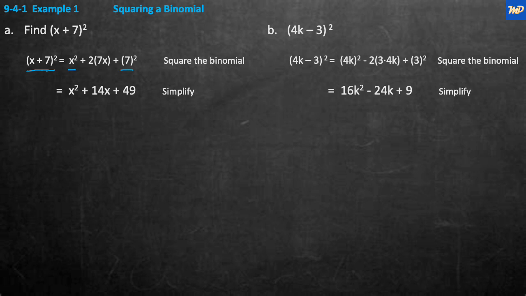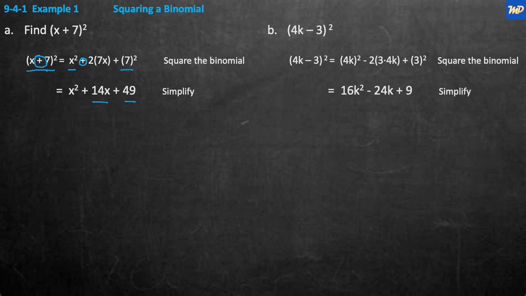In the middle, since there's a plus between the x and the 7, there's a plus 2 times the terms, x and 7. So you multiply them, 7x, and take two of them. So x squared, and 2 times 7 is 14, 14x, and then 7 squared is 49.